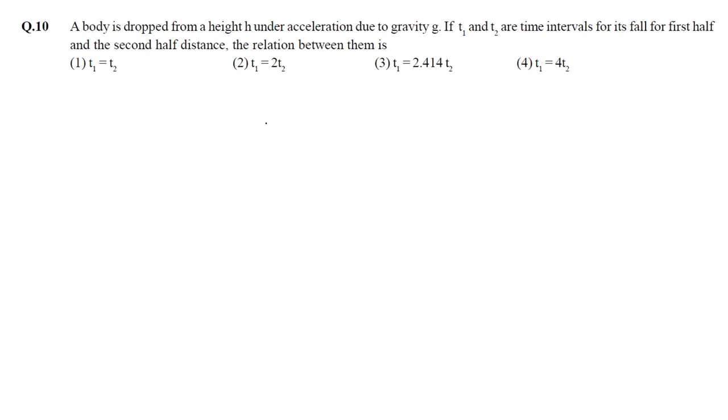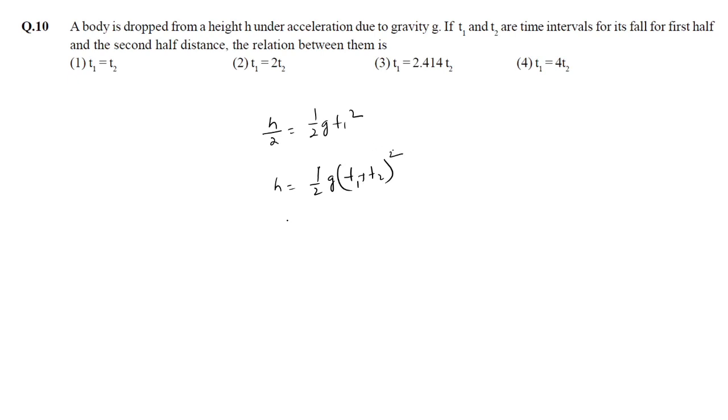Okay, so for the first half, h by 2 is equal to half g t1 square. Similarly, h is equal to half g into (t1 plus t2) square.